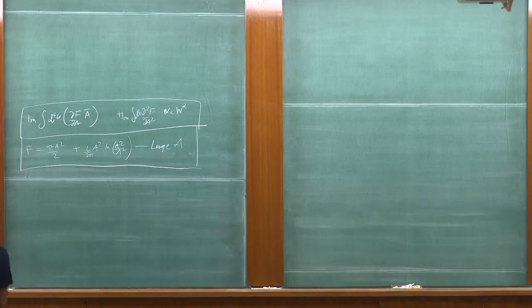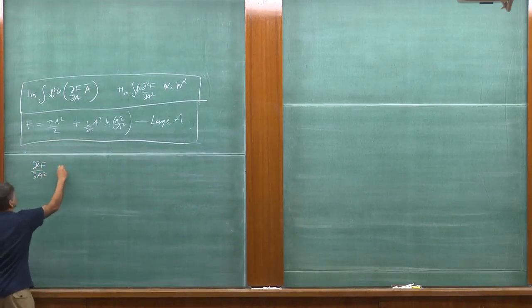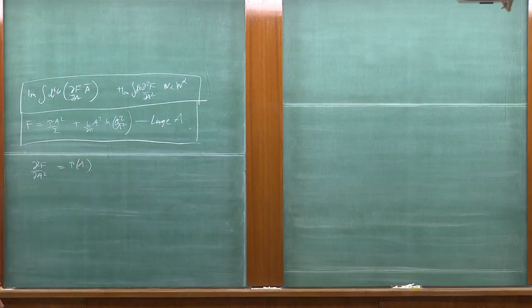So, let's say that we will often use the notation del^2F by del A squared is equal to tau of A. That's sensible notation because del^2F by del A squared is what appears inside the Im W alpha W alpha, and classically what we put there is tau, which you remember was i by g squared plus theta by 2 pi, whatever, some 2 pi's around. So this is like the effective coupling constant as a function of A.